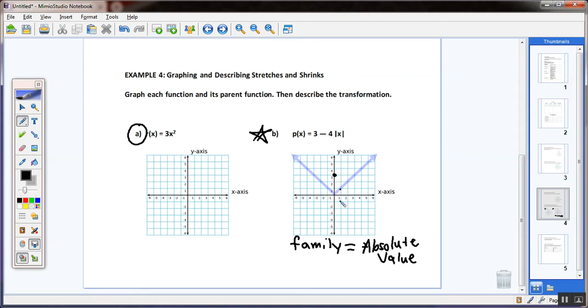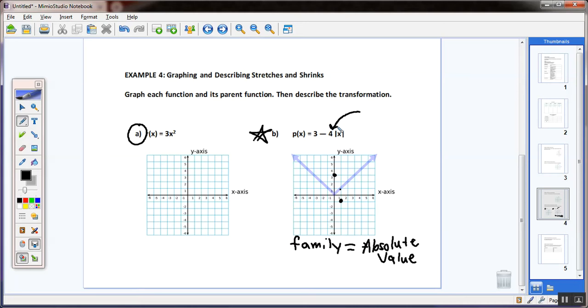I want to show you something real quickly. Okay? We've taken this vertex at 0, 0 and moved it up to 0, 3. Guys, from the 2 points that I've put on here that are new, what's the slope between those 2 points? Rise over run. What's the slope between those 2 points now? Negative 4. Doesn't that kind of match that value right there?